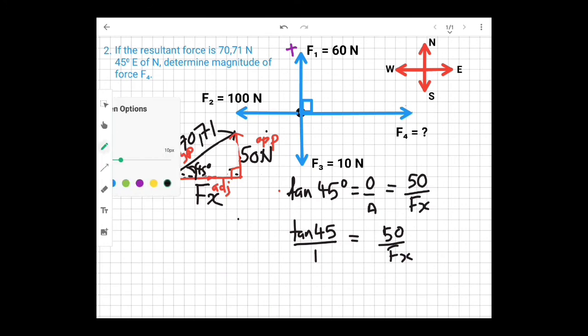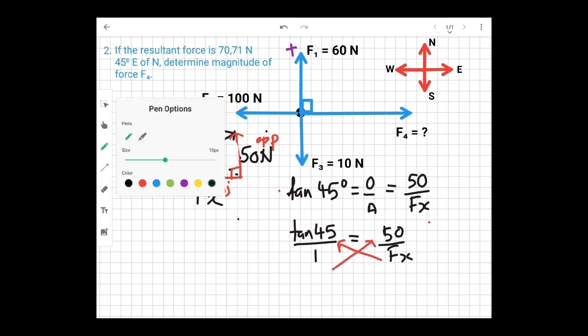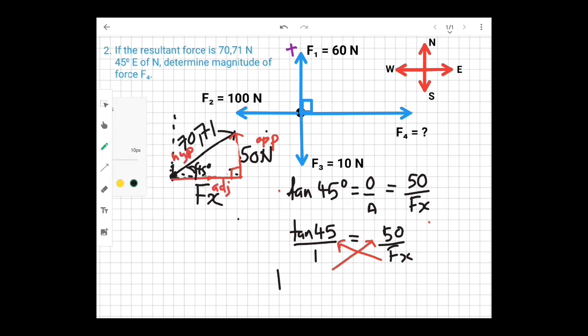From there on, cross multiply, you get Fx times tan 45 is equal to 50 times 1, which is 50.